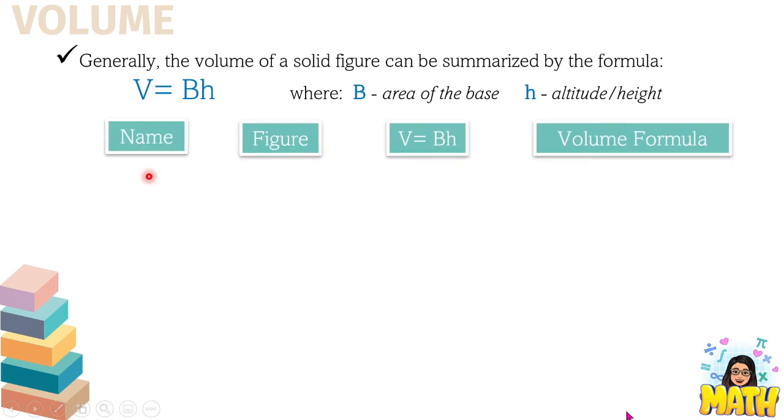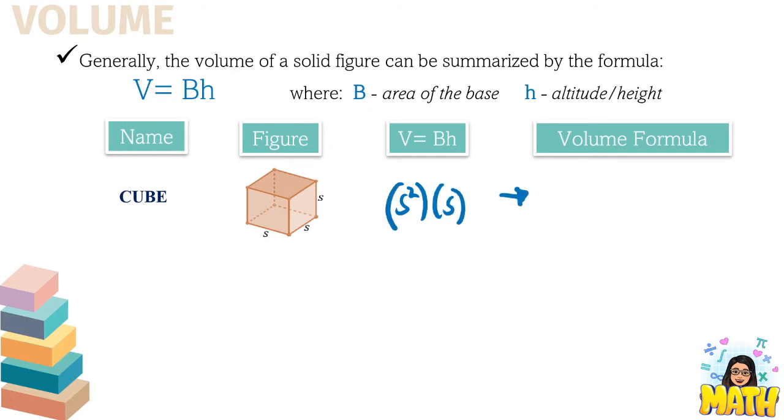So let us derive the formula for the different solid figures. Using this figure, we can see that the base is a square, which has the area S squared, and the height of this cube is just the same with the measure of one of its edge. Therefore, we can summarize the volume as S cubed.